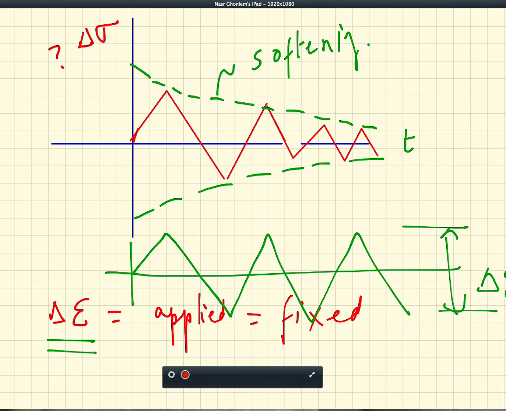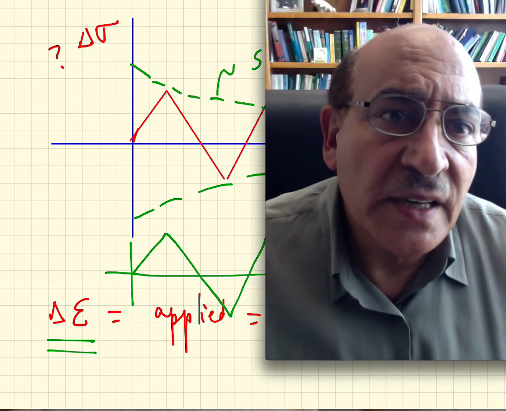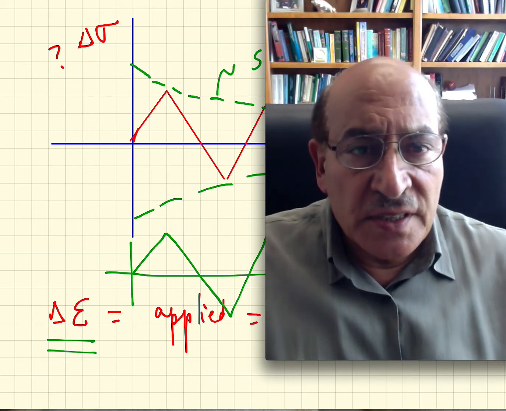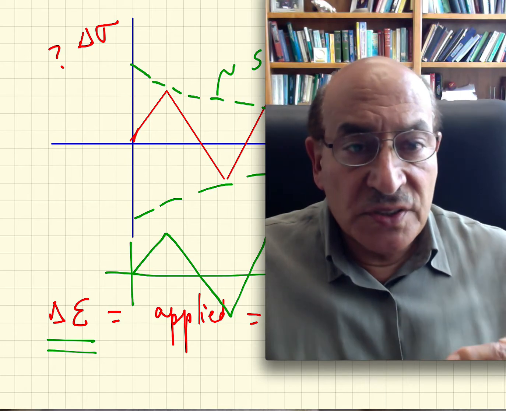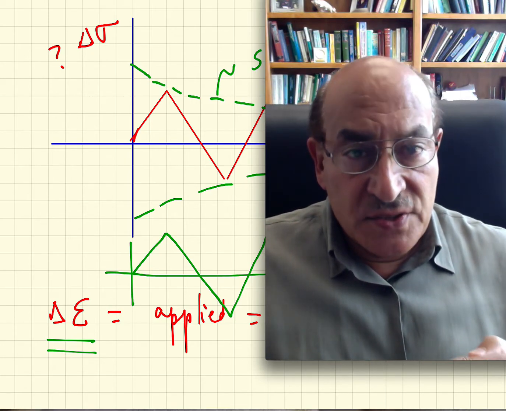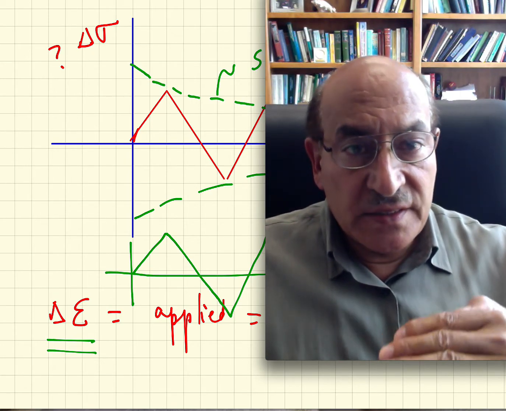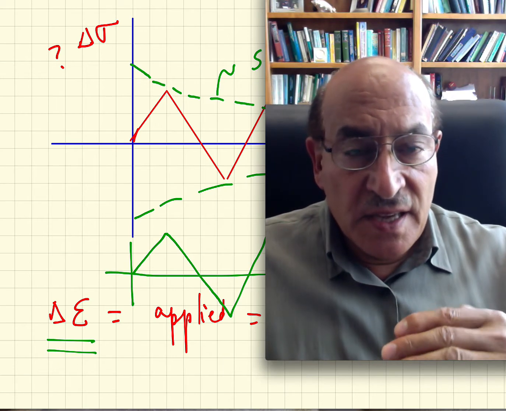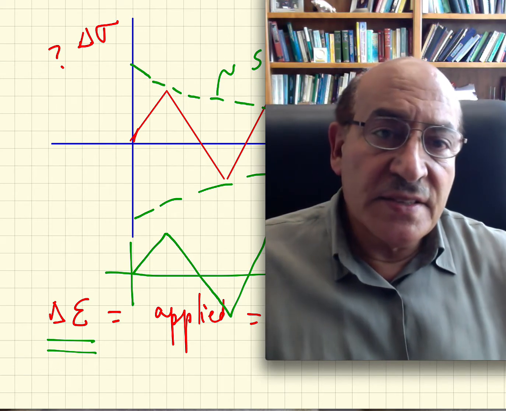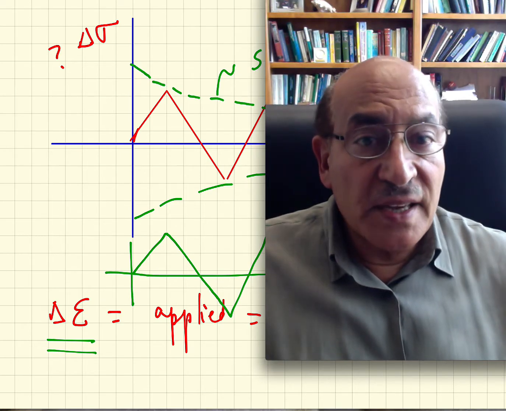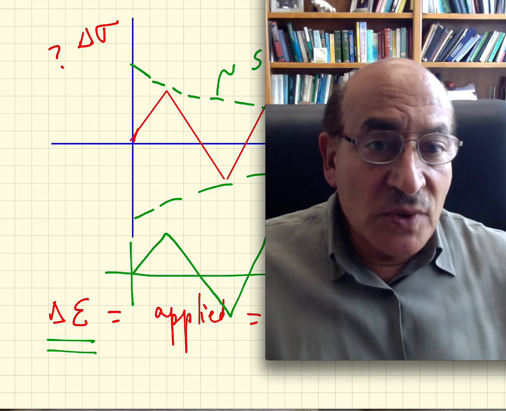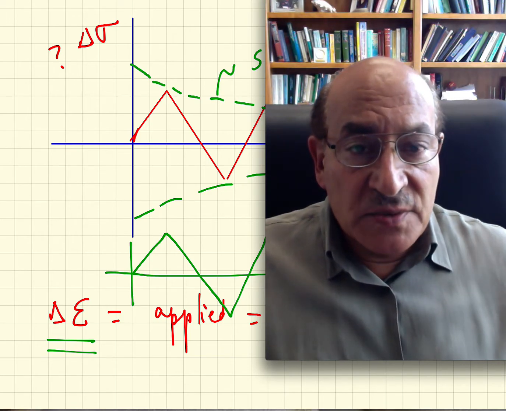So this is a common test that we use in practice, where we apply a deformation or a strain amplitude that is fixed in time, and then we can measure the force and hence the stress. As I mentioned, we can get softening or we can get hardening. So either one of these is possible.